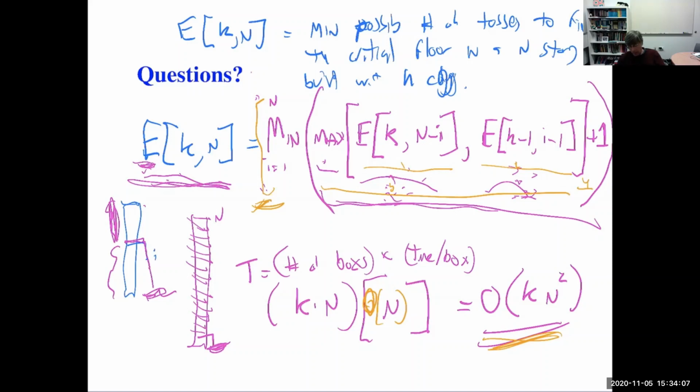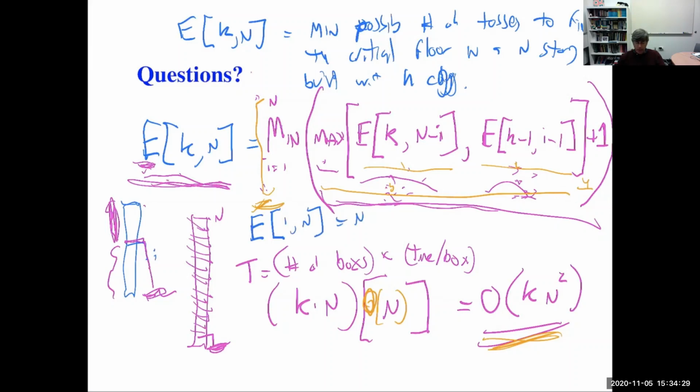Okay. I claim the boundary conditions I probably care about are E of 1, comma n. This we kind of know was n, right?